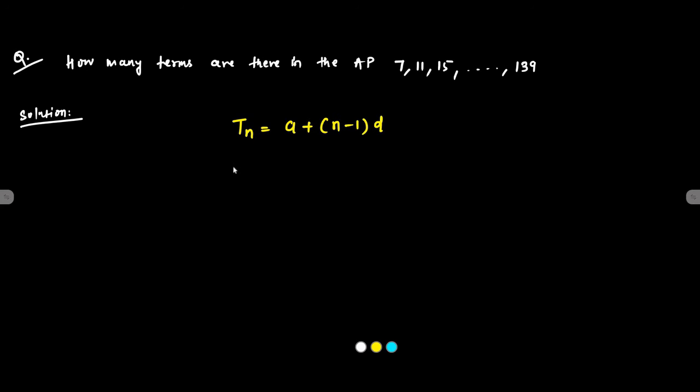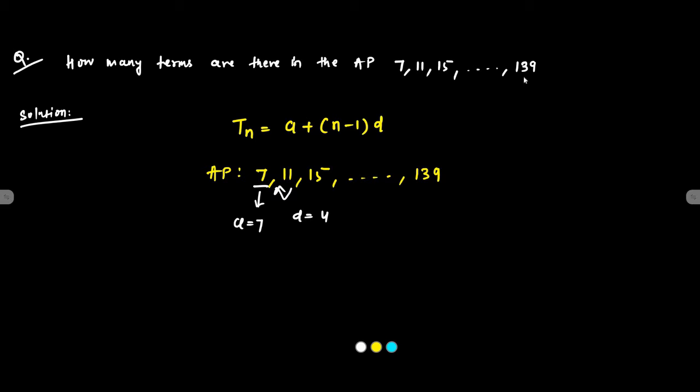For the given AP, which is 7, 11, 15 up to 139, the first term is 7 and the common difference is 4. 11 minus 7 is 4, 15 minus 11 is 4. So we have the first term 7 and the common difference 4.